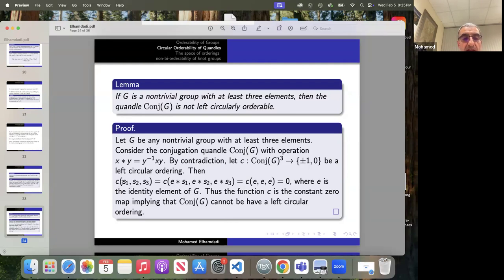The circular ordering C on s1, s2, s3 becomes C of e, e, which is 0, because at least two of these are the same element. If two elements are equal, then the circular ordering is 0.